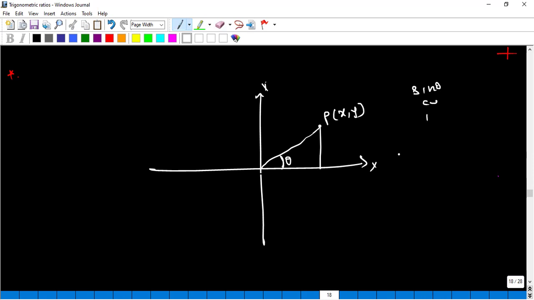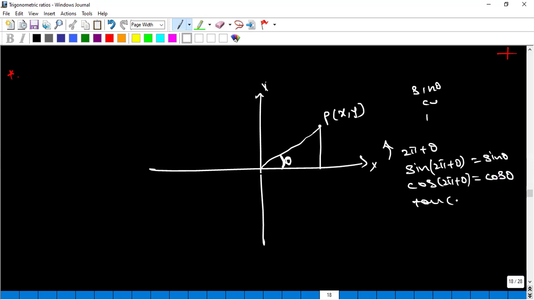The same rule is applicable for 2 pi plus theta also. 2 pi plus theta is nothing but theta only. So sine 2 pi plus theta simply you can tell as sine theta only. Cos 2 pi plus theta is cos theta only. Tan 2 pi plus theta is tan theta only.